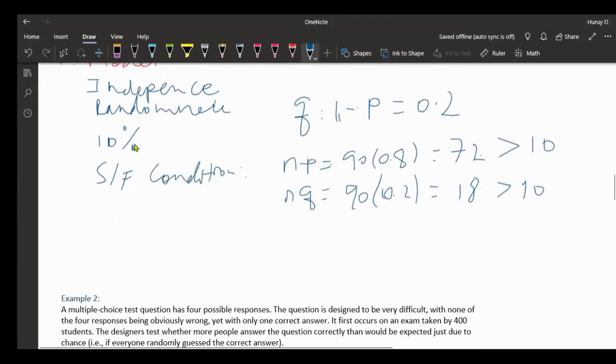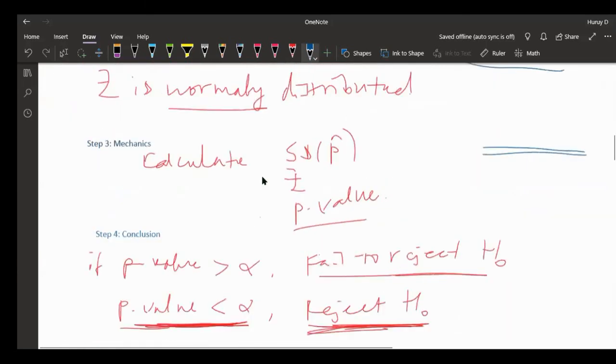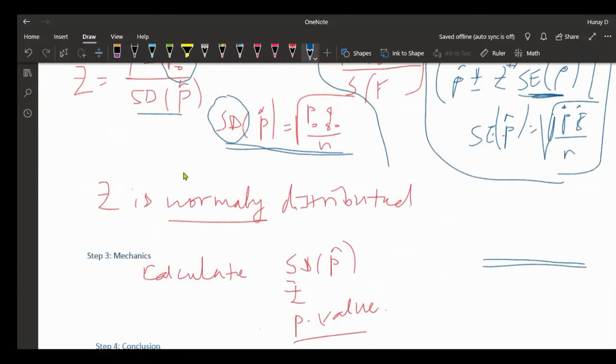Now, what is the model? If these are satisfied, then of course we mentioned here, the model is Z model, or the normal model.